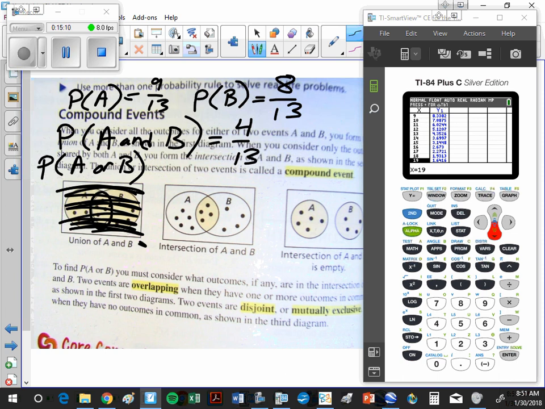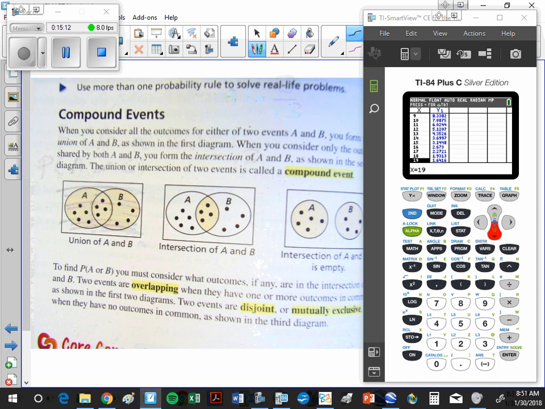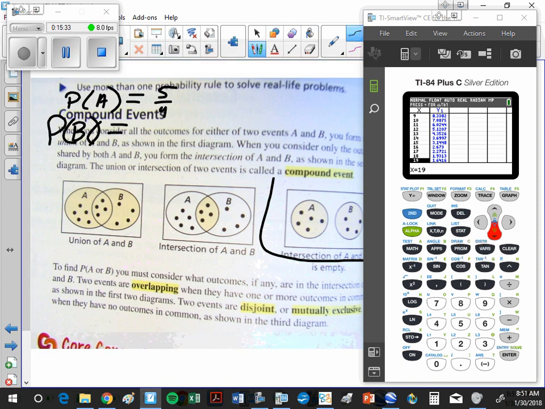Okay. Now if we look at this picture, how many dots are there total? 9. What's the probability of A? 5 out of 9. What's the probability of B? 4 out of 9. Can I tell from those numbers that these are mutually exclusive?